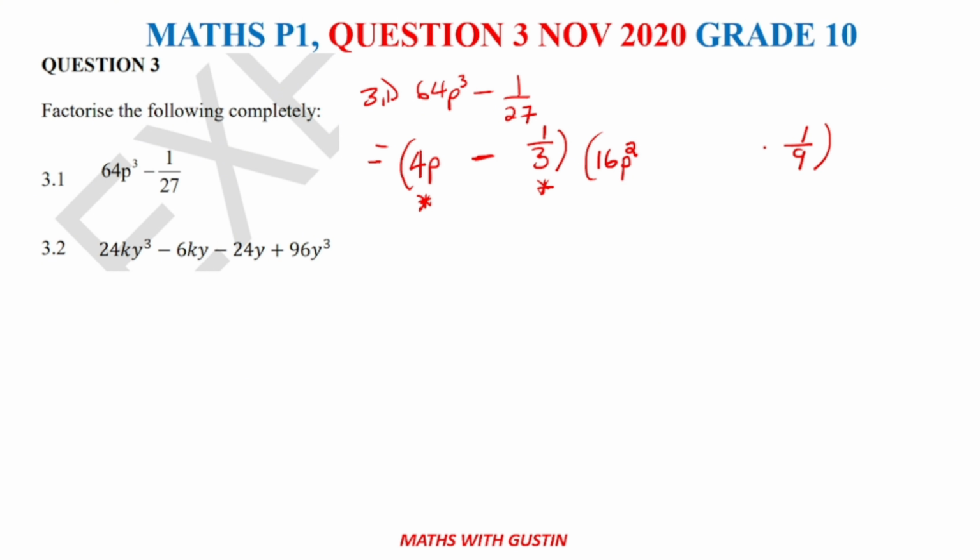Oh yeah, here is positive rather, I forgot to put a plus sign here. 4p times 1 over 3 gives us 4p over 3. Then you just multiply these terms together, then you change the sign. The sign here is a negative, therefore here is going to be positive. That's basically how you would deal with factorizing of the cubes.